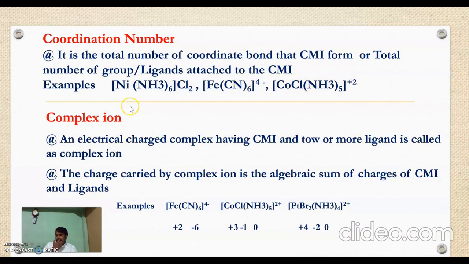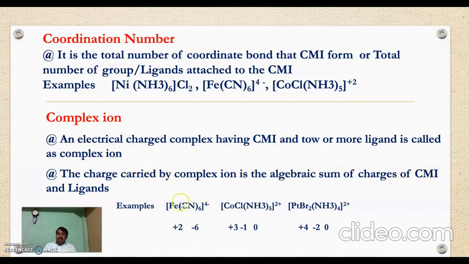Another term is complex ion. An electrically charged complex having a central metal ion and 2 or more ligands is called a complex ion. The charge carried by the complex ion is the algebraic sum of the charges of the central metal ion and the ligands.